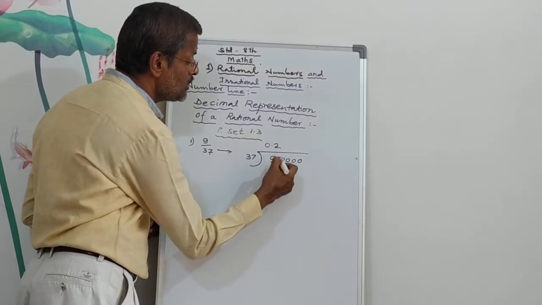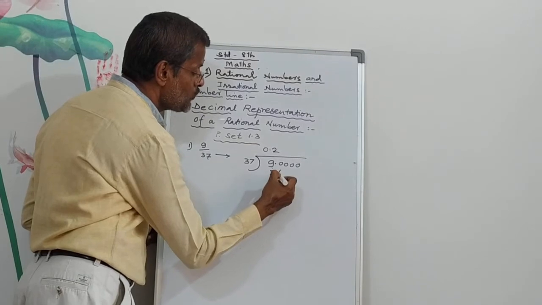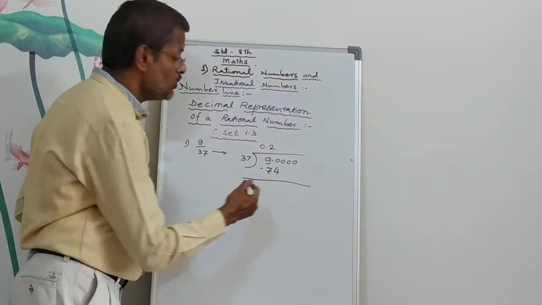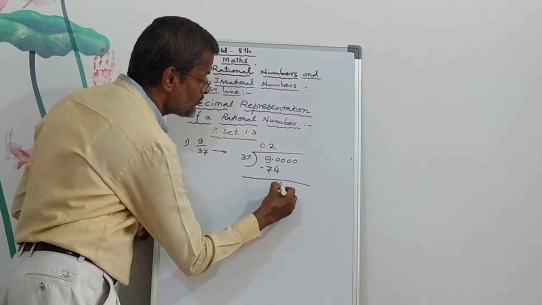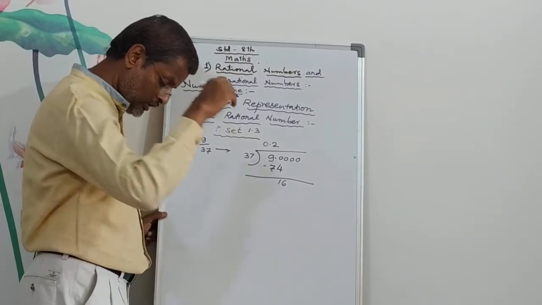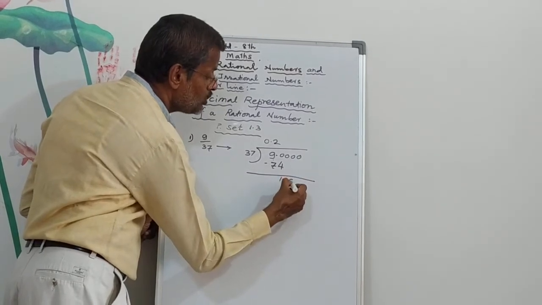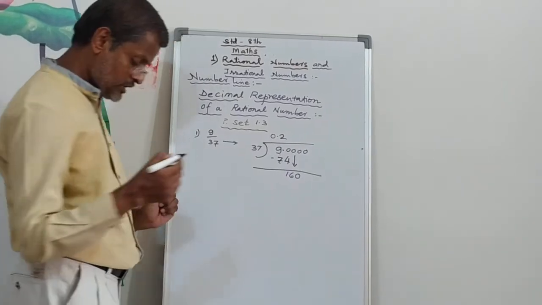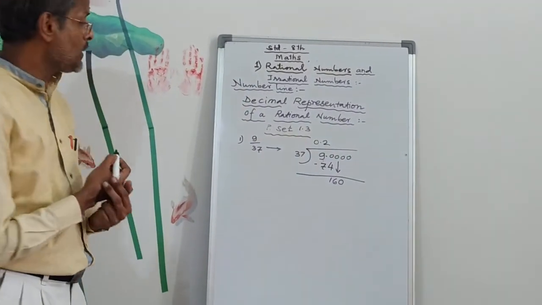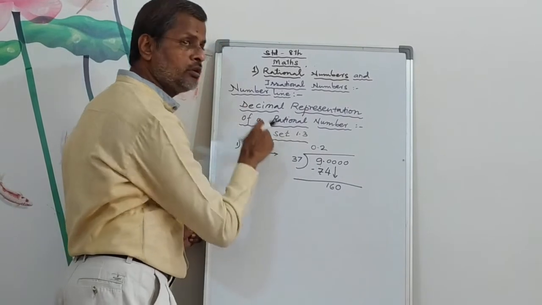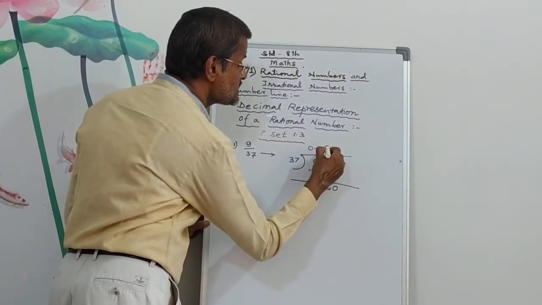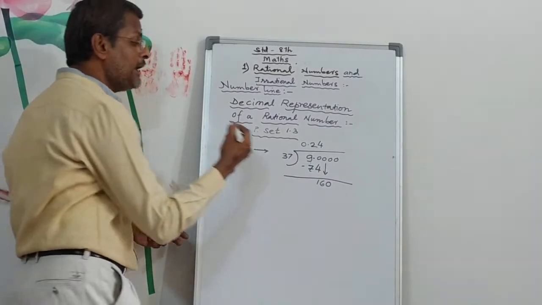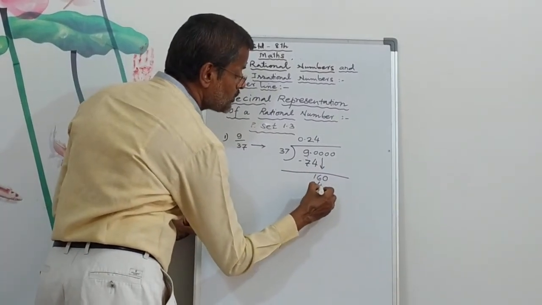37 twos will be 74. Subtract 74 from 90, we get 16. Carry a 0 from here, that gives us 160. 37 into 4 will give us 148.